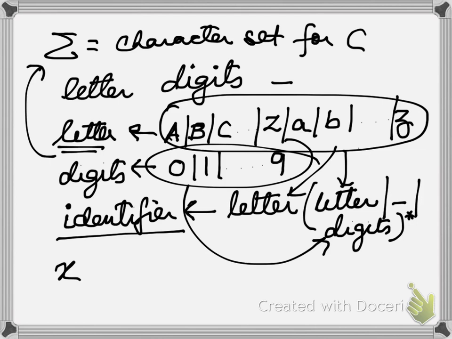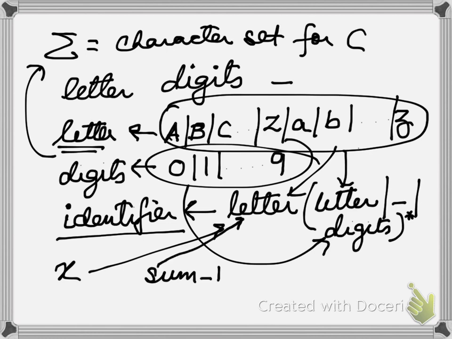So suppose I have x as a variable name. Does it satisfy? Here x, it starts with a letter. After that it does not have anything more. So 0 repetitions, and 0 or more repetitions are allowed. So x is valid. Suppose I have sum underscore 1. This is also valid.